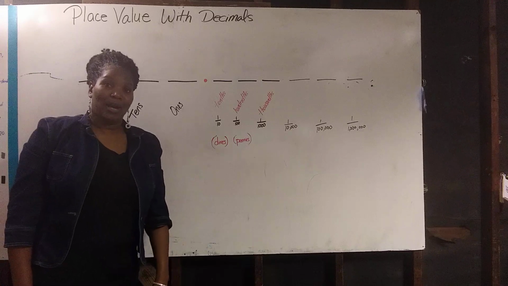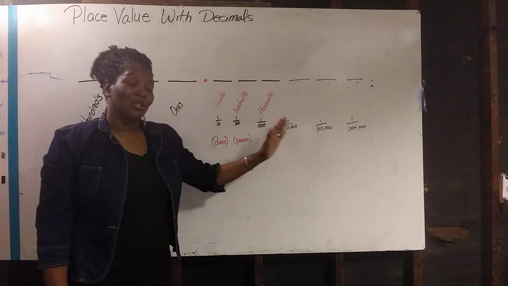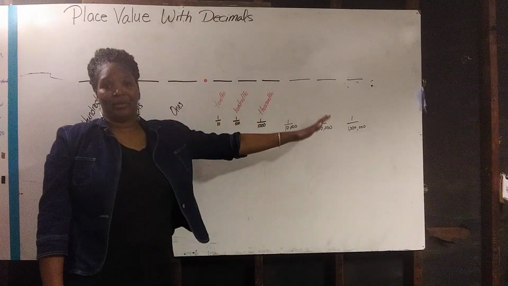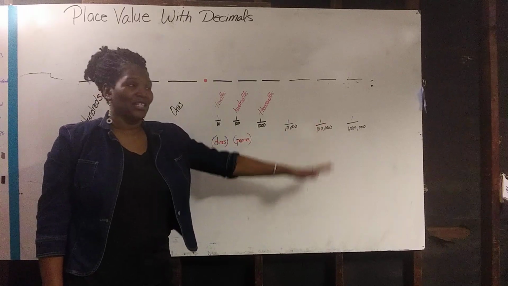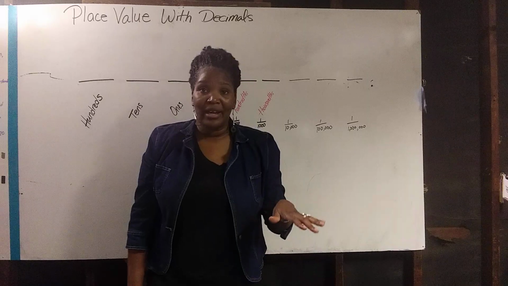Let's look at some of the numbers behind the decimal. This is not nearly all of them. A decimal number can go on forever, but we don't have forever.